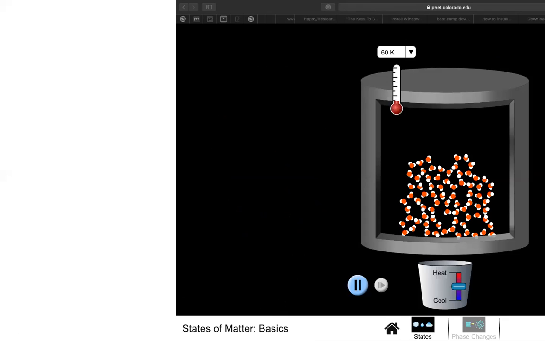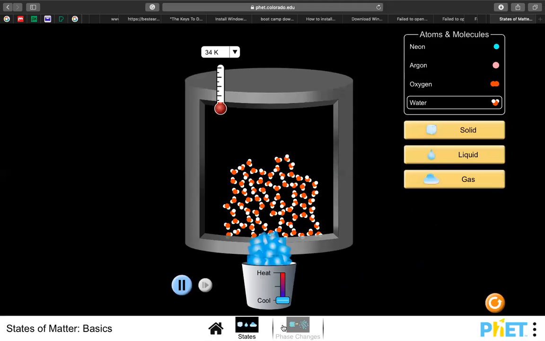I'll fix that afterwards. All right, so at 0 Kelvin, we find that particles will stop moving.